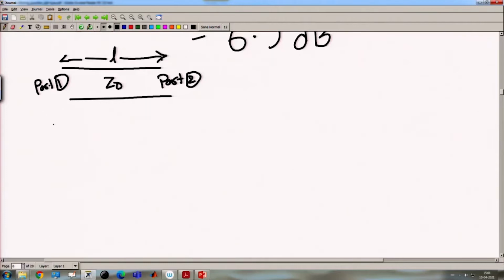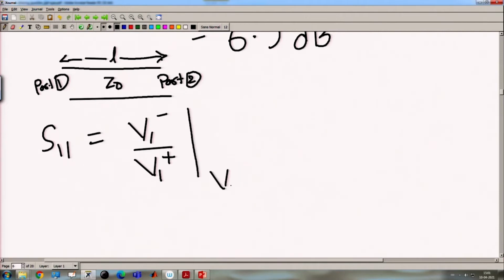Now, we know S11 is defined as V1 minus divided by V1 plus when V2 plus equals 0. V2 plus equal to 0 means we have to terminate port 2 with Z naught.